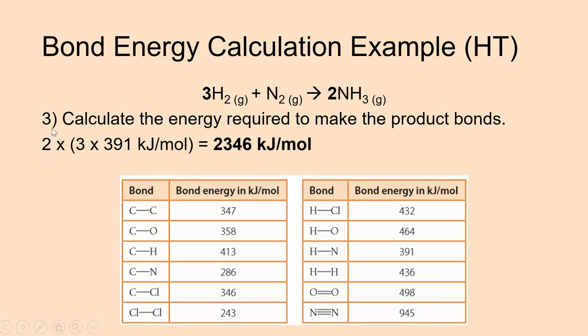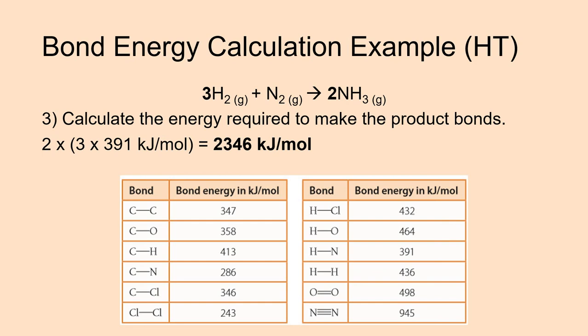So you can see here in the calculation I've done, there's 2 molecules, and in each molecule, there are 3 nitrogen to hydrogen bonds. And you can see where I've got that number from in the table below. And that equals 2,346 kilojoules per mole.